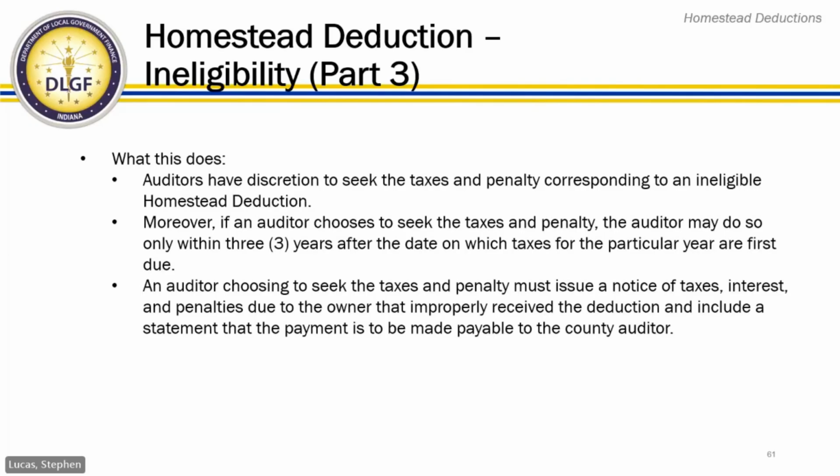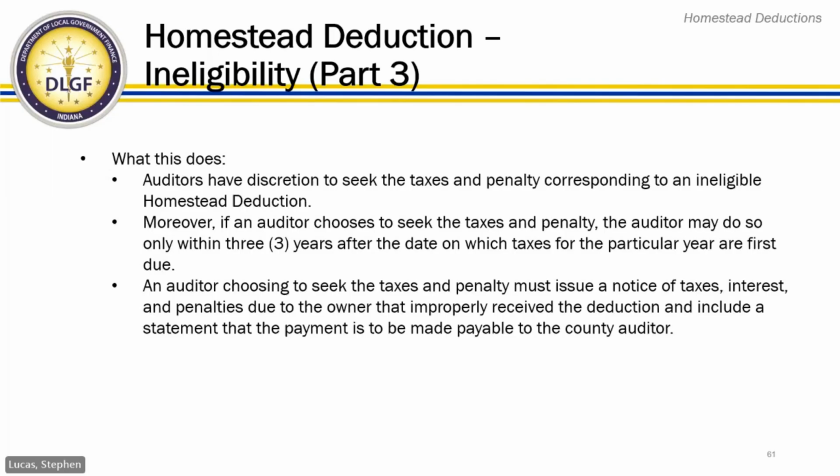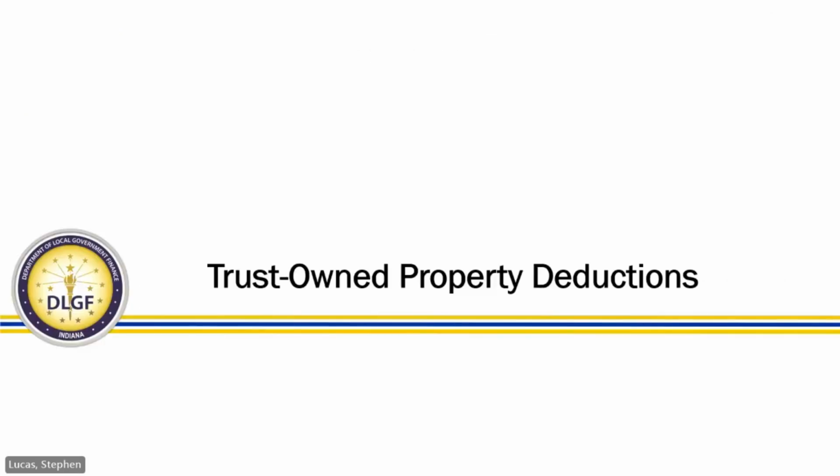However, if you go to the previous slide, there is a protection for a bona fide purchaser of the homestead, who did not have knowledge of the auditor's determination that the property was ineligible. In that case, no lien will attach for any additional taxes and civil penalties that result from the removal of the deduction. So move on to the next slide.